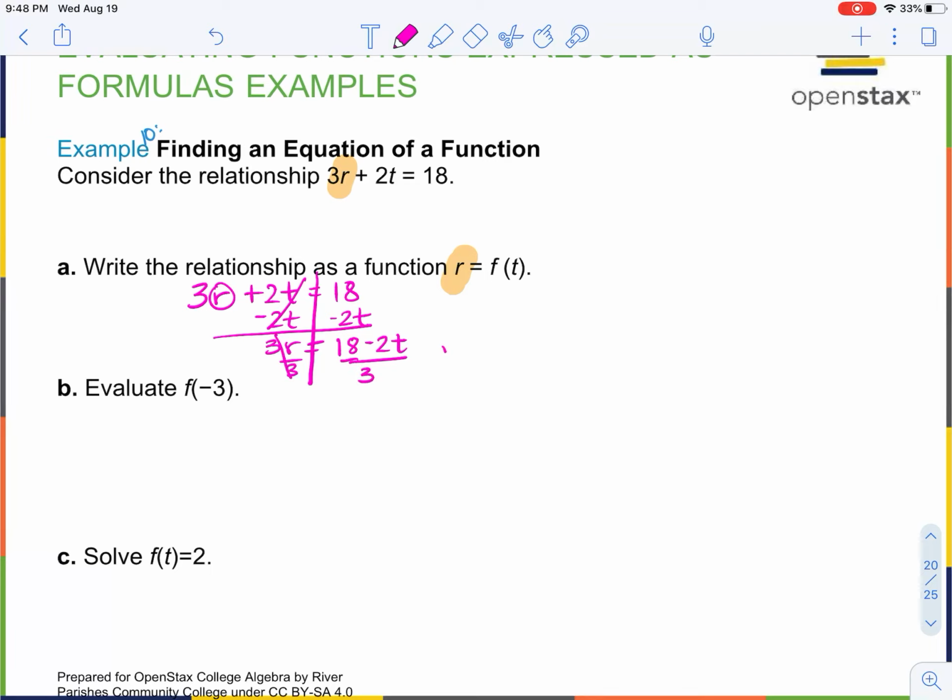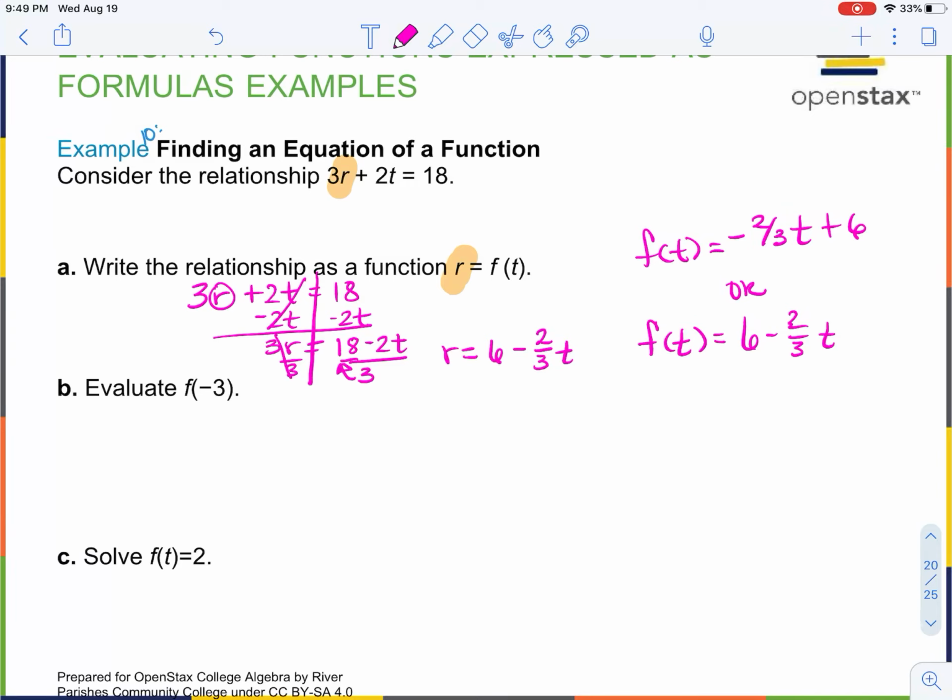Divide everything by 3, and we get r is equal to 3 will go into 18, 6 minus 2/3 t. So we would write this, the function of t is equal to 6 minus 2/3 t. You can also write it as the function of t is equal to negative 2/3 t plus 6. That's the same thing.